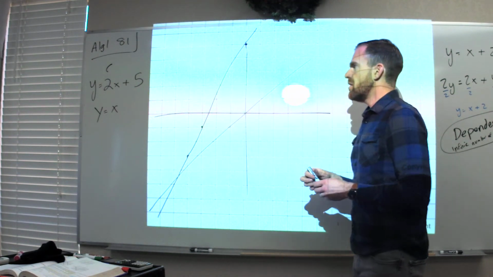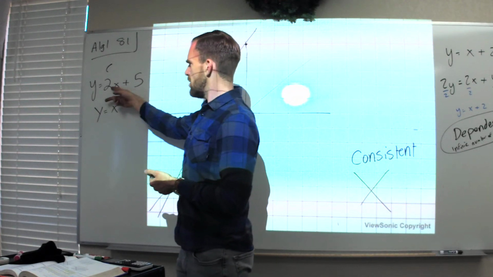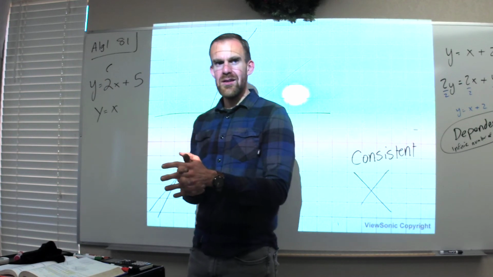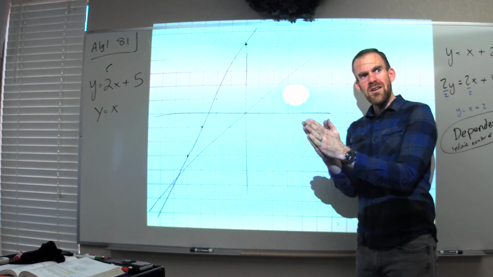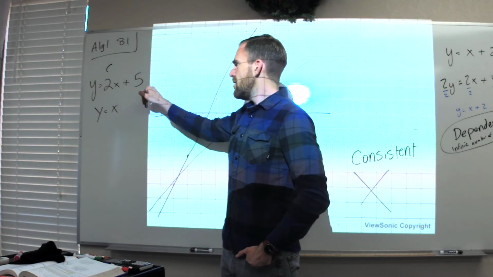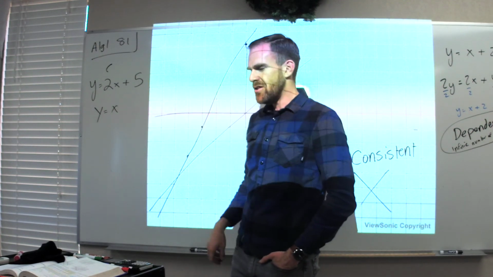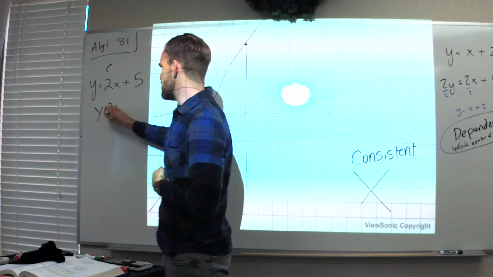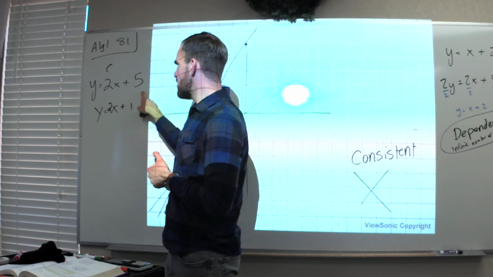As long as the slopes aren't the same, if the slopes of your lines are different, it's going to be consistent. If the slopes are the same, you have to decide whether it's the same line or two different lines. How do you figure that out? If the y-intercept is different, so like let's say this was y equals 2x plus 5 and y equals 2x plus 1, you get what?